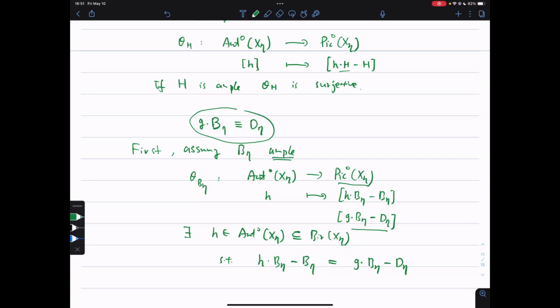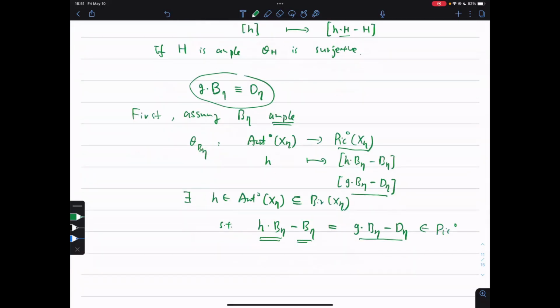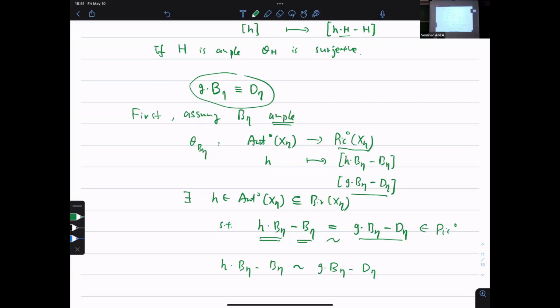And because the map is surjective, there is an automorphism H such that its image equals this divisor, which lives in Picard 0. And in Picard 0, equal means linearly equivalent. So what we have is H(B_eta) minus B_eta is linearly equivalent to G(B_eta) minus D_eta. Yes, this is what we want.